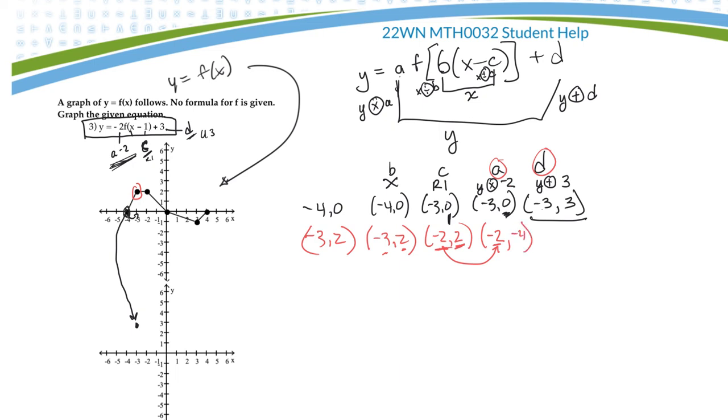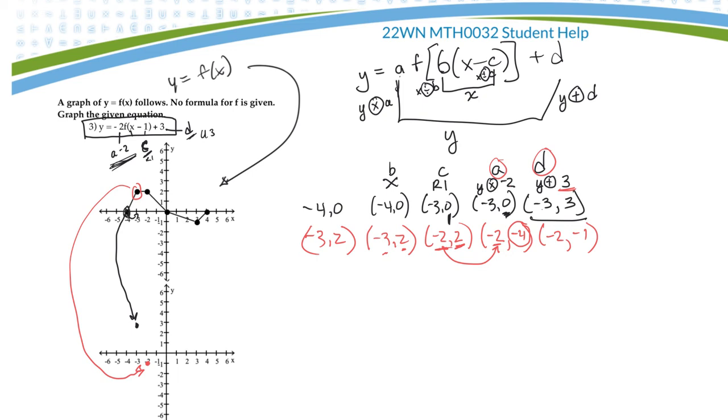Then, again, my x value doesn't change, but I take the -4 and add 3 to it. If I minus 4 and add 3, that puts me at negative 1. So this point here, -2, -1, will be this point. No, sorry, it'll be this point down there. I should have followed my color.